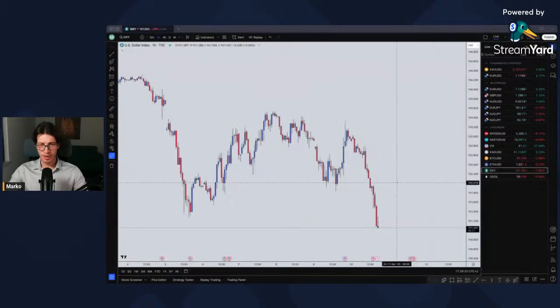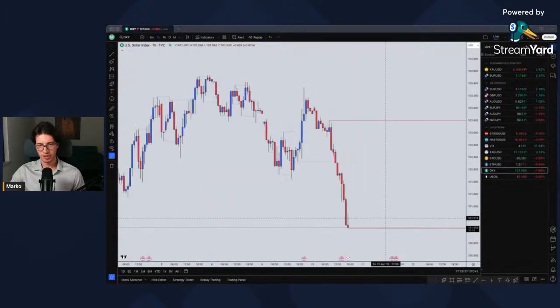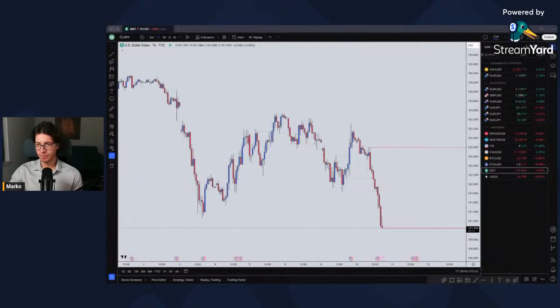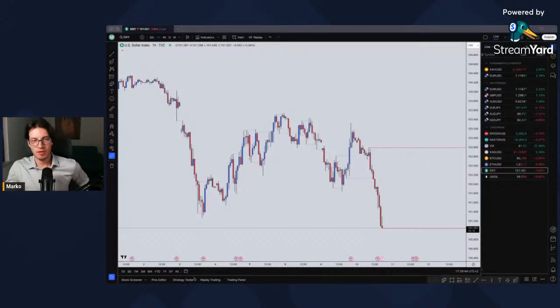Okay, DXY crashing lower. The dollar index is losing a lot of steam, losing a lot of strength, as we can see right here. Just give me 1 second. Okay, I'm back.